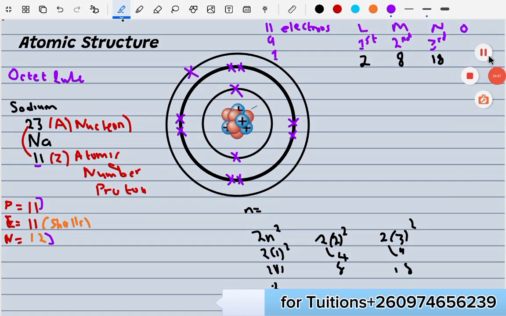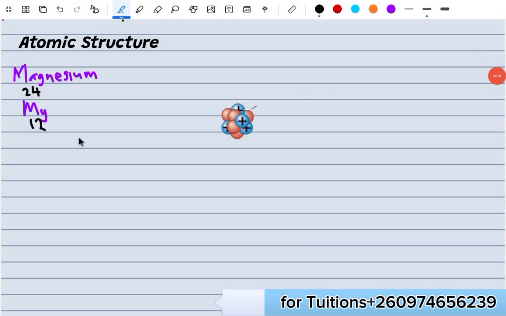Let's look at magnesium. From the periodic table, you can see it has 24 on top, and down there 12. So quickly, the number of protons is 12. Then electrons: remember, the number of electrons is equal to the number of protons, so 12 as well.